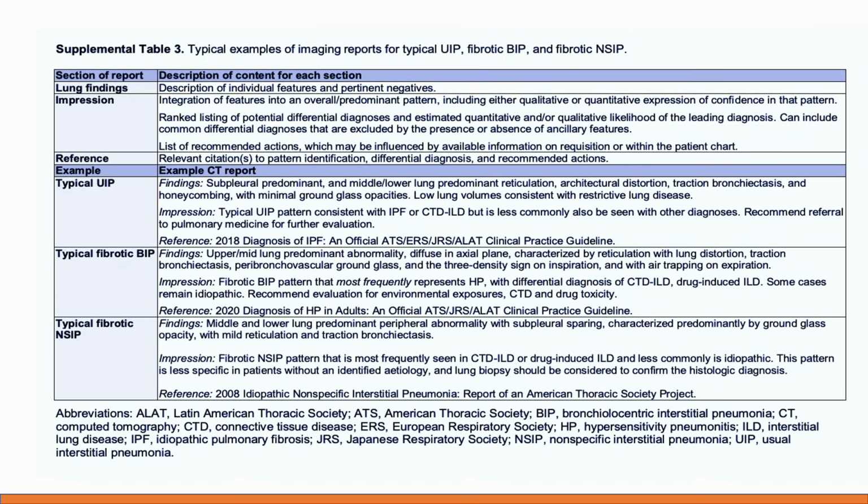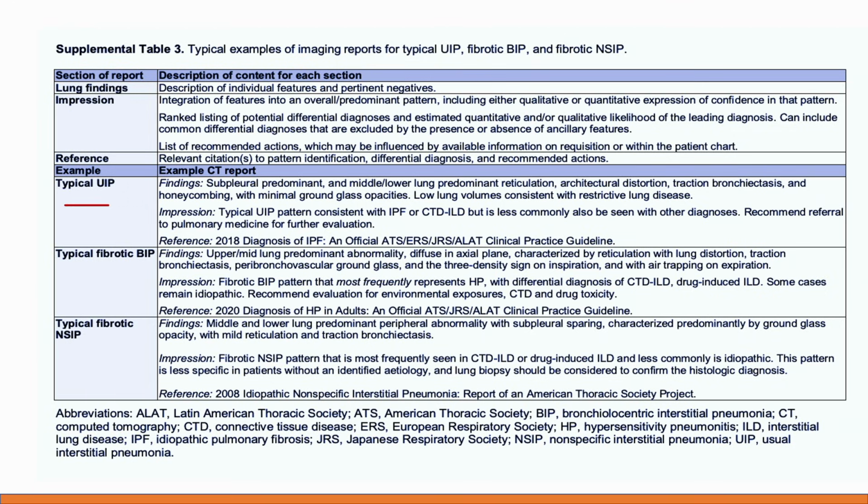This is a table which is taken from the supplementary information given with this guideline statement. It's a beautiful description of how these various patterns can exist in pathology and histopathology and radiology.